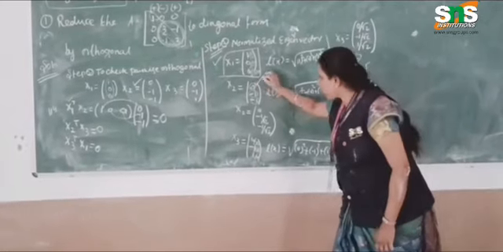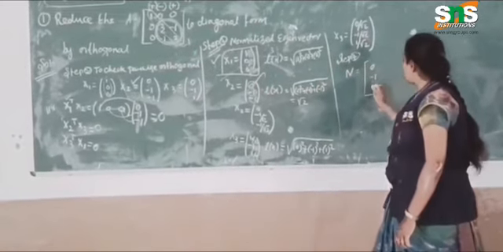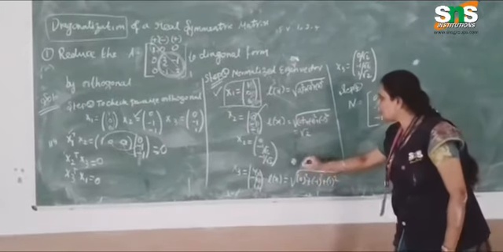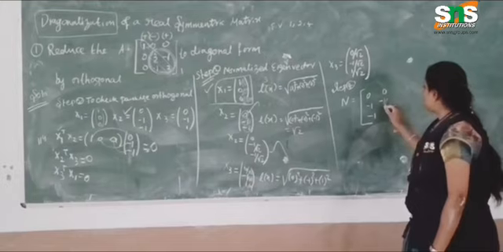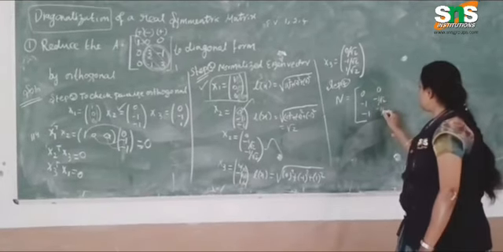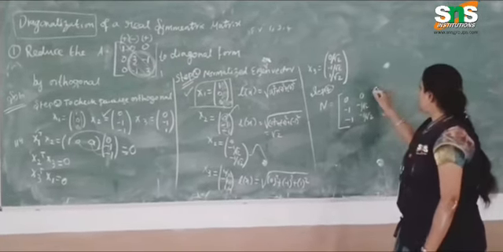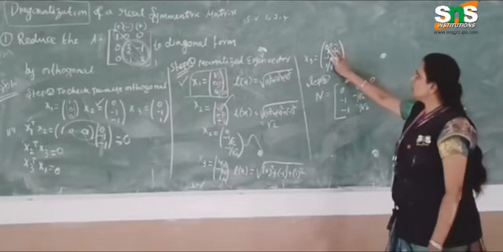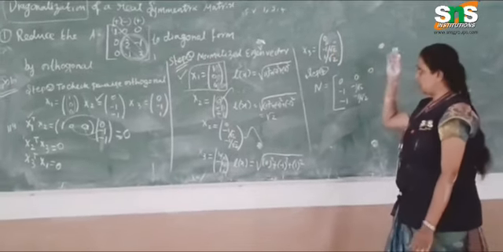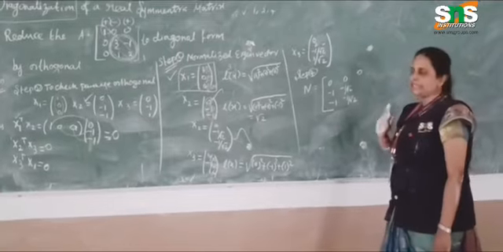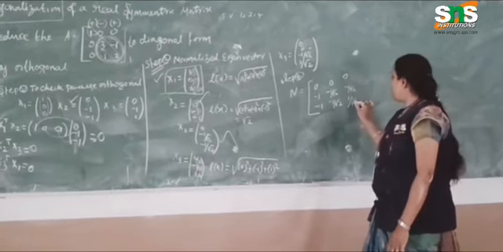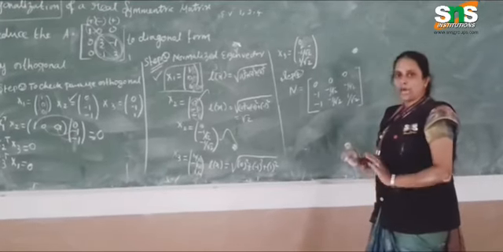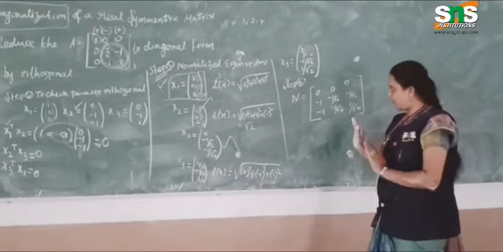First we write 0 0 1, then the second eigenvector, minus 1 by root 2, minus 1 by root 2, and 0 by root 2 is 0, so we write 0, minus 1 by root 2 and plus 1 by root 2. This is the normalized eigenmatrix.